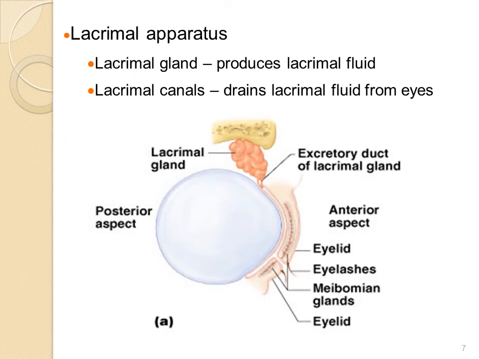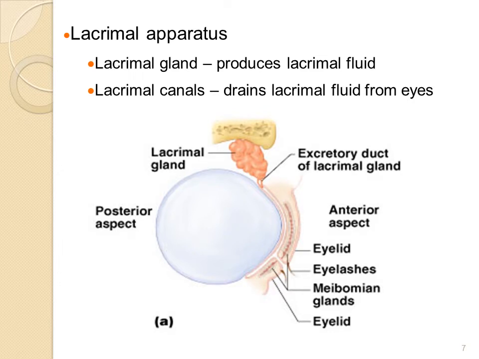Lacrimal apparatus. It consists of the lacrimal gland and the lacrimal canal. The lacrimal gland produces lacrimal fluid, while the lacrimal canals drain lacrimal fluid from the eye.